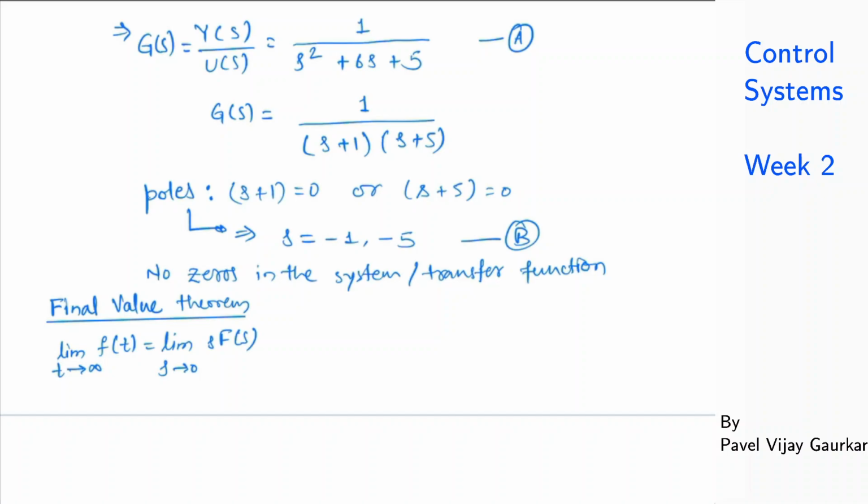So if we write the output of our transfer function to the unit step response, we can write 1 over s squared plus 6s plus 5, multiplied by s because of the final value theorem, multiplied by 1 upon s, which is due to the unit step input.